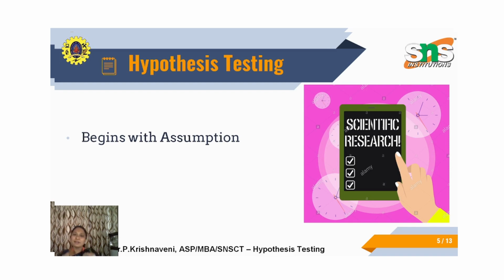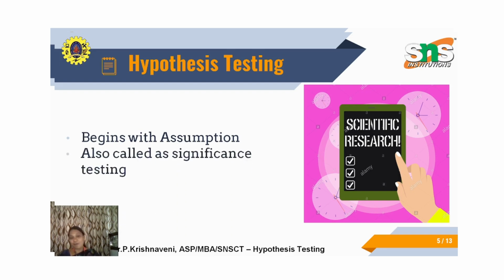This is a very important thing in hypothesis testing. While assuming something, it should have some standard. For this, some rules, regulations, and procedures are there that we will see one by one.